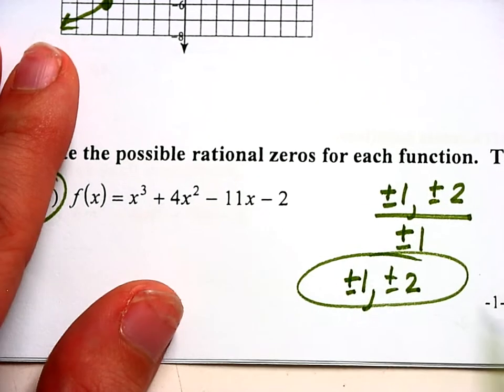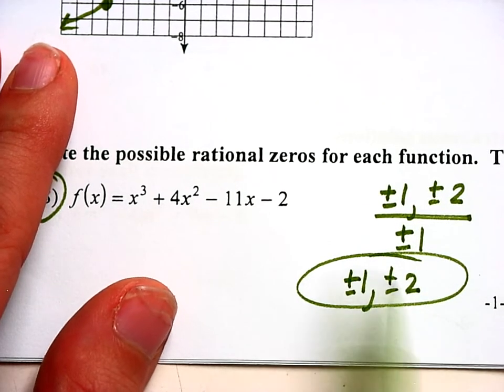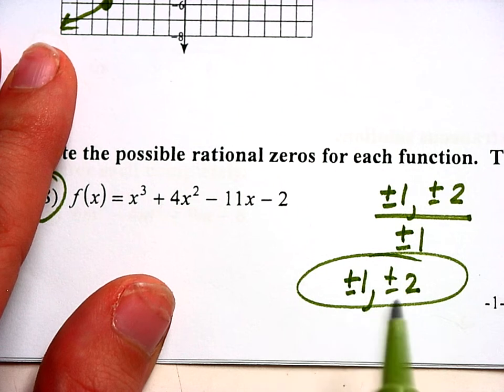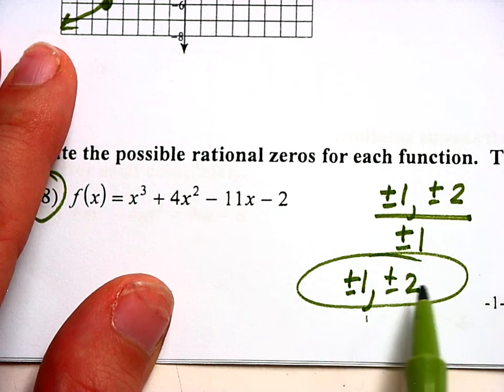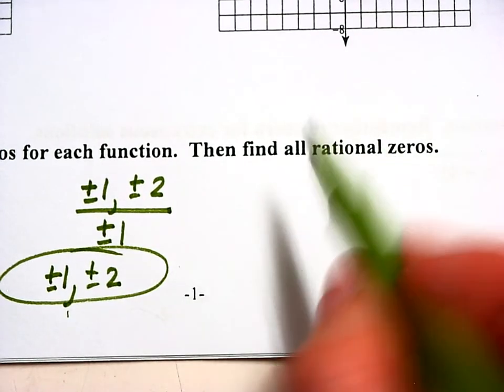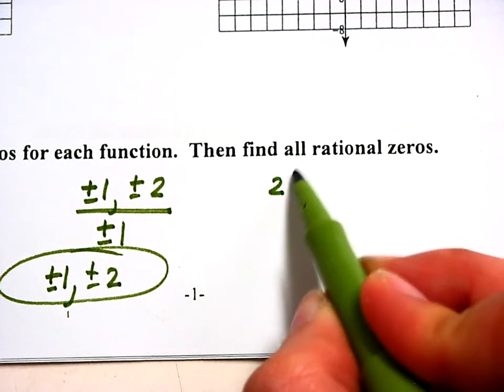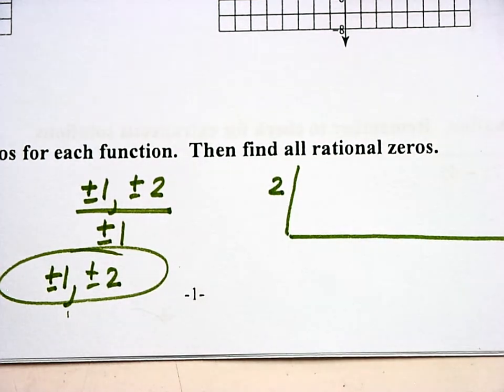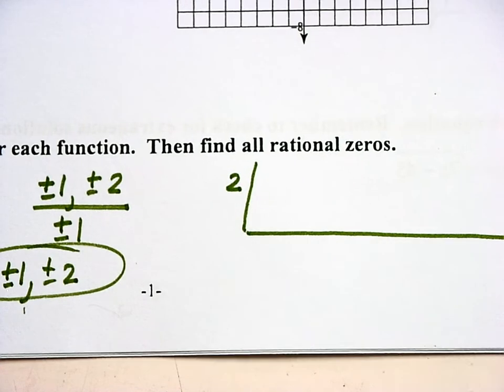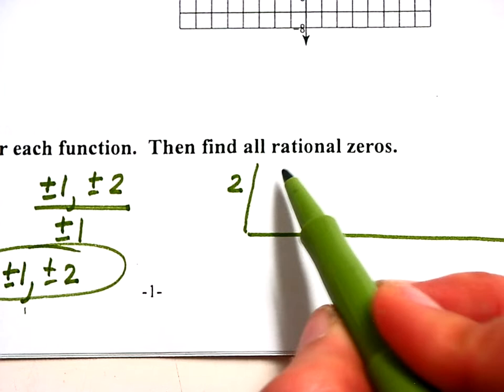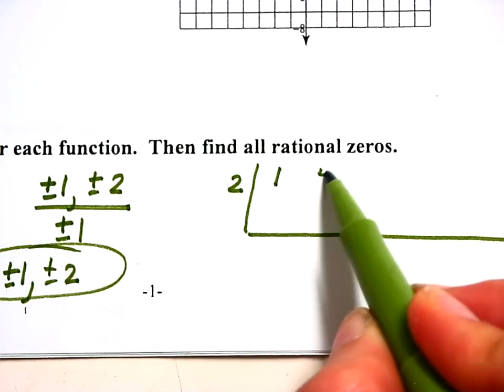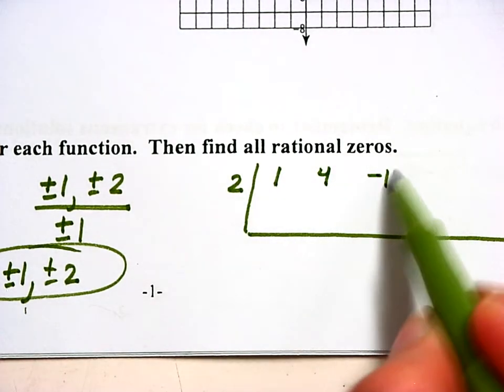When we try these out, so we have a total of 4 that we can possibly try, you're going to end up finding that 2 is actually a zero, a rational zero. So I'll show you how that works. So we would bring 2 out. You can use either division method, but I would use synthetic. And we're going to write our coefficients here, 1, 4, negative 11, and negative 2.